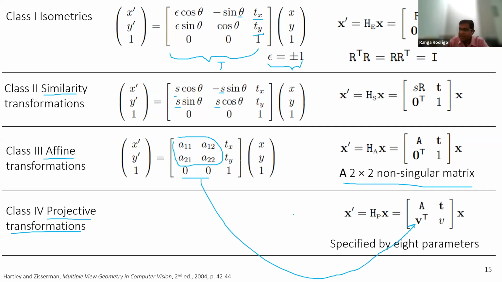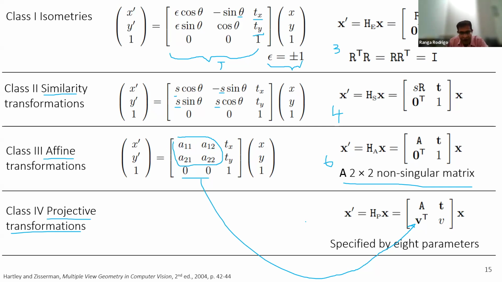So you can see the number of parameters that each of these transformations requires to be specified. Three for the Euclidean transformation, 4 in this case. How many for the affine? 6. You can say Tx, Ty, and A11, A12, A21, and A22.